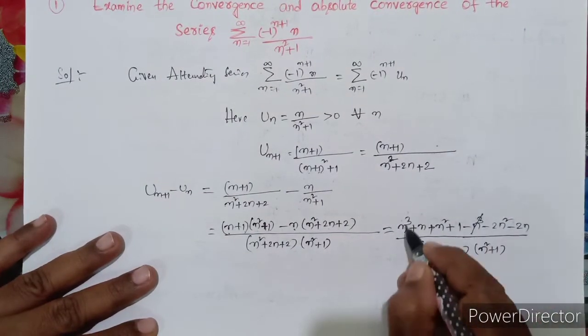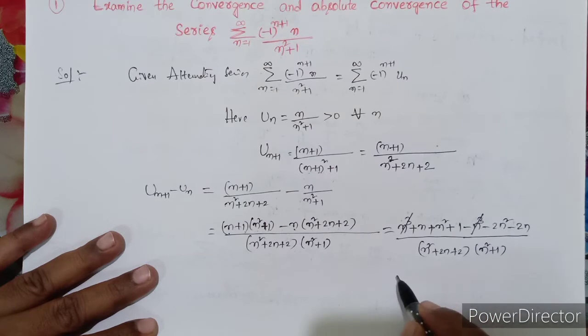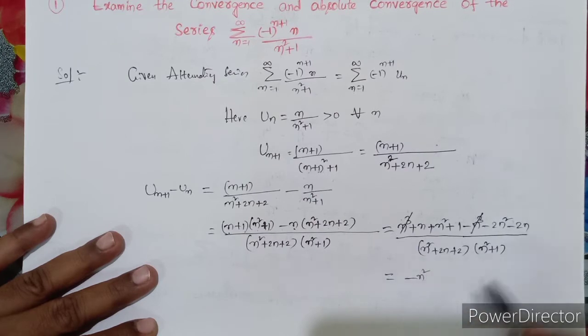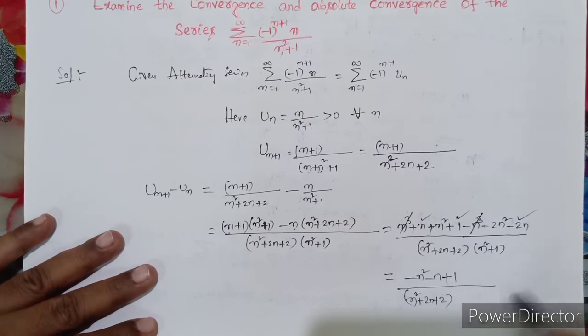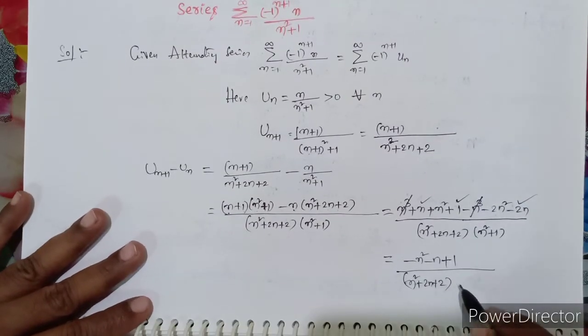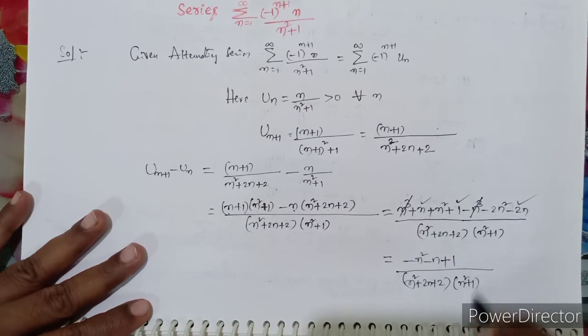Cancel n cube. Now this is equal to minus 2n square plus n square is minus n square, minus 2n plus n is minus n, plus 1, by n square plus 2n plus 2 into n square plus 1.